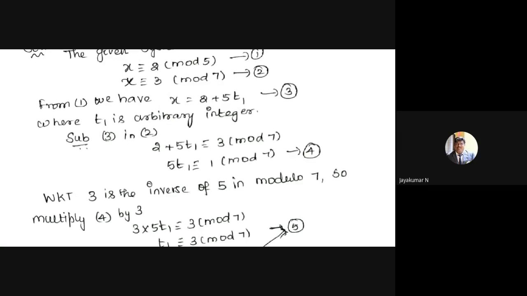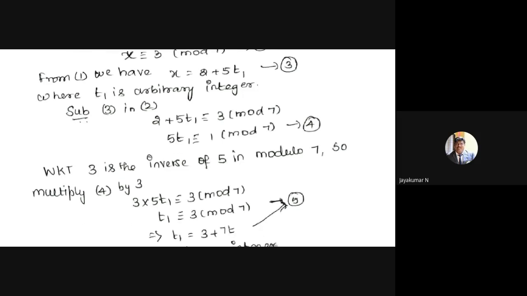First we are going to find the inverse of 5. I have already explained that the inverse of 5 is 3, since 3 into 5 is 15, and when 15 is divided by 7 you get remainder 1. So 3 is the inverse of 5 in modulo 7. Now 3 is multiplied throughout equation 4.